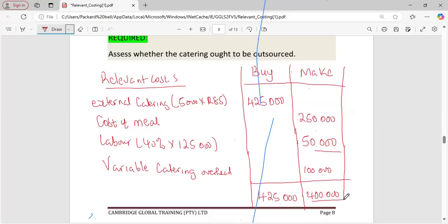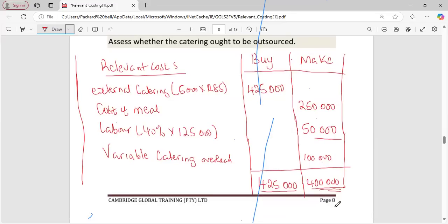Yes, you just compare your figures here. You have already done the work. If the question wants you to assess, the most difficult part is this calculation. Once you are done with your calculation, you are just going to compare the figures. If we outsource, we're going to pay 425,000. If we make, we're going to pay 400,000. So which means we are going to make.